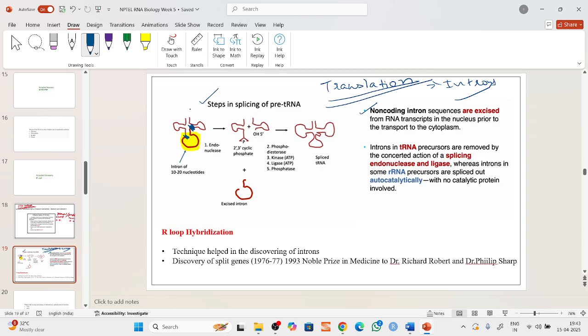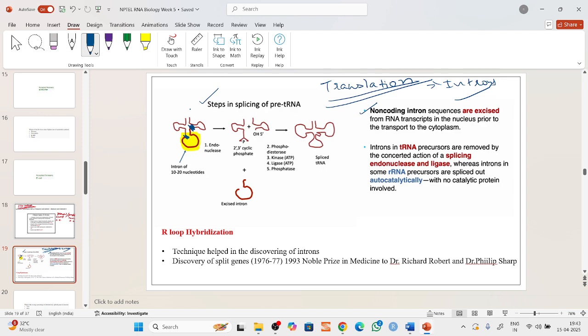We have to make proteins, right? So we just need the correct sequence of the exons to be added over there. We don't need any other extra sequences. Therefore, before the mRNA comes to the cytoplasm, it has to be in perfect form so that it can synthesize a protein.